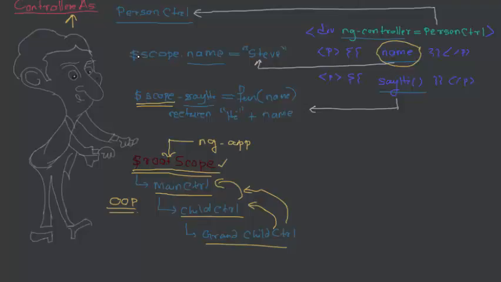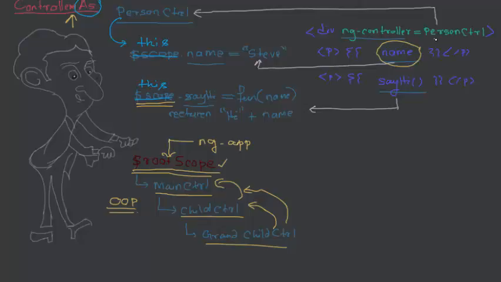To help us, we can use controller as syntax. How to do it? The first step is to get rid of scope. Instead of scope, replace this with this. So this is the instance of this person controller, and all the models and methods will now be attached to this instance.